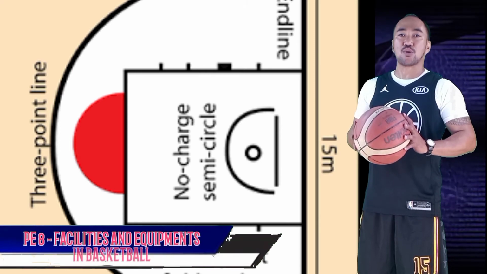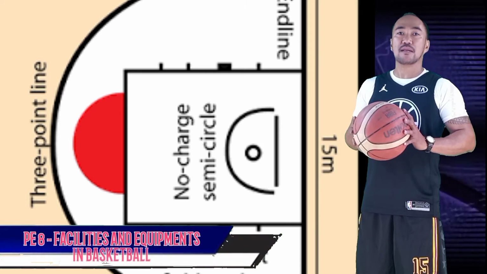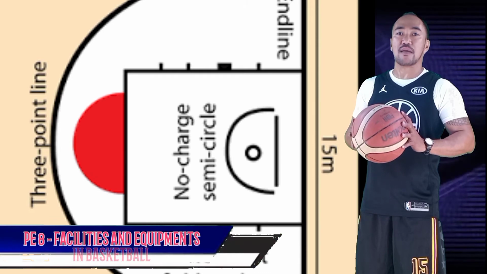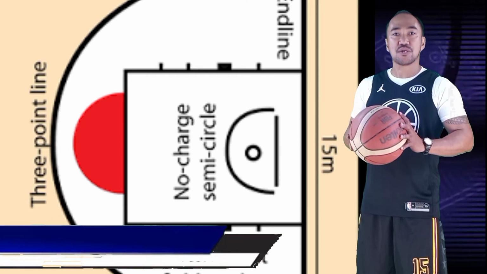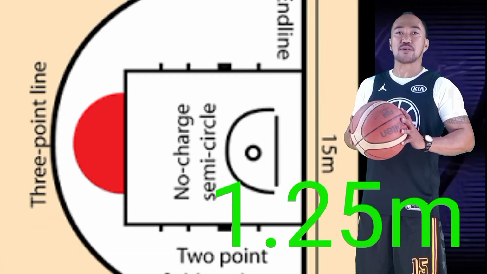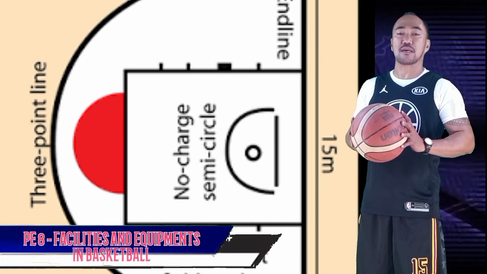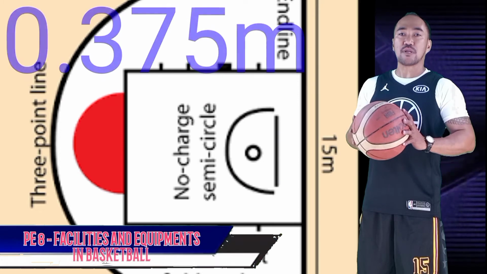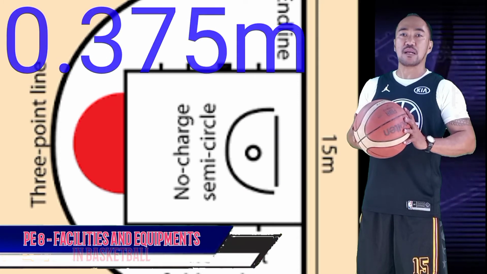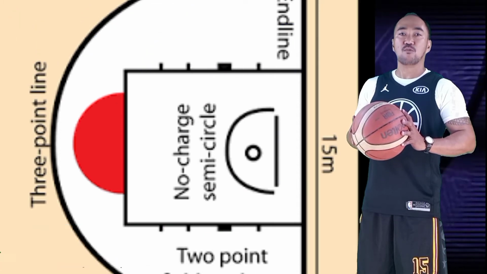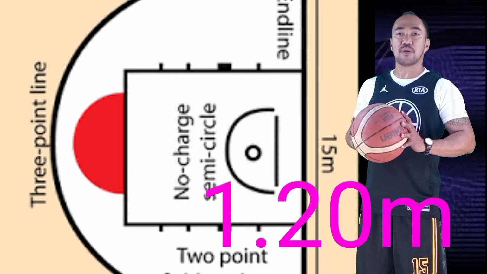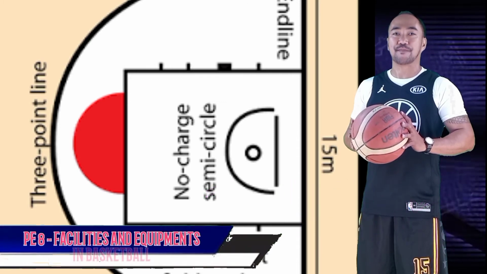The semicircle is joined to two parallel lines perpendicular to the end lines. The inner edge is 1.25 meters from the point on the floor beneath the exact center of the basket, 0.37 meters in length at the ending, and 1.20 meters from the inner edge to the end line.